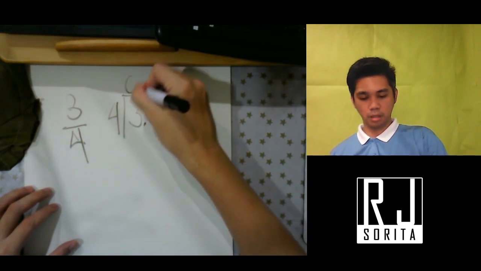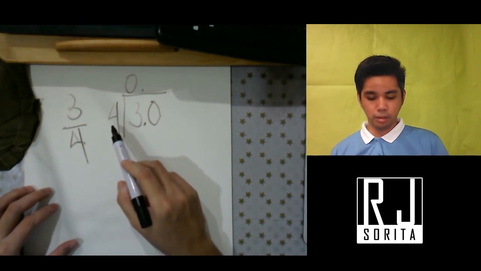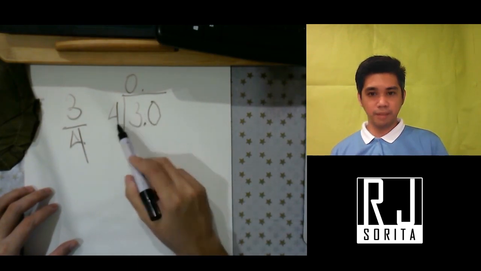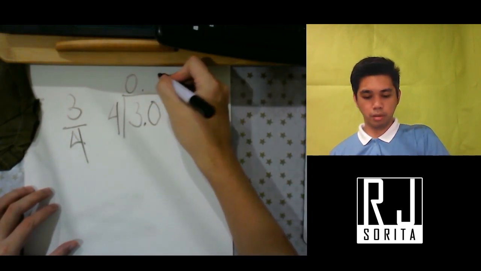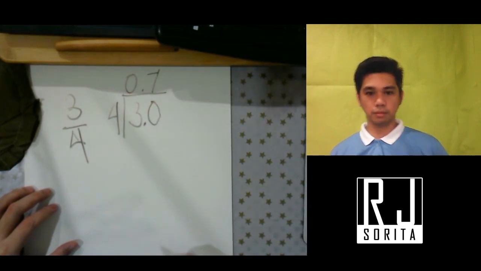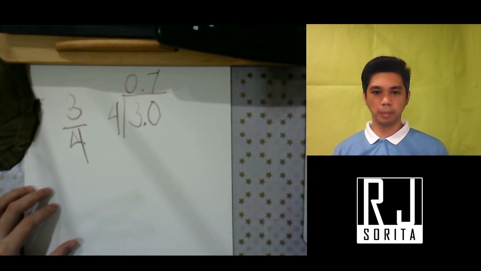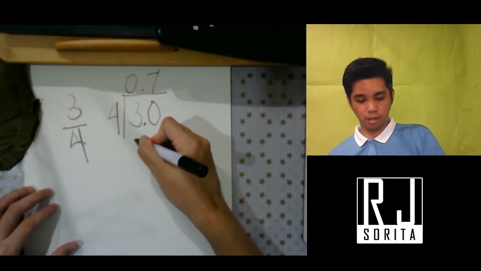So automatic, this is 0. 30 divided by 4, that would be around 7. Am I right? 7 times 4, that would be 28. Right, 28.